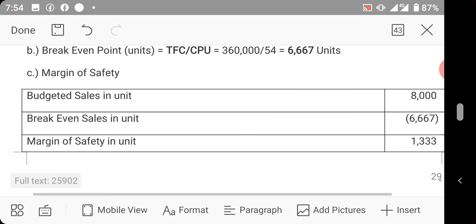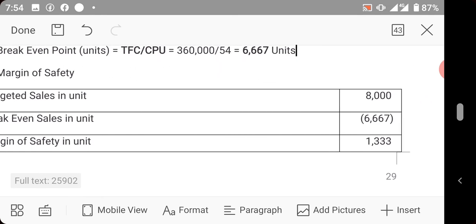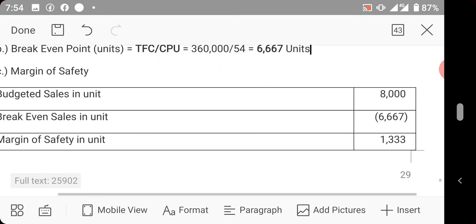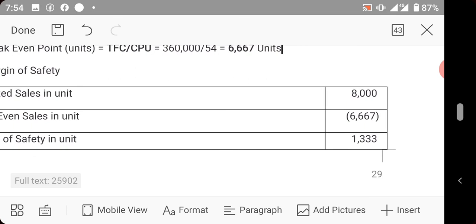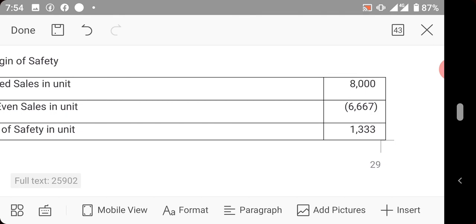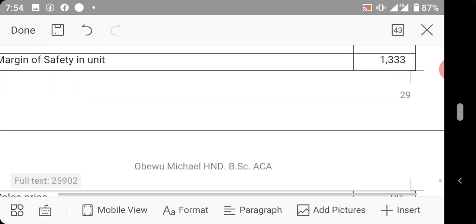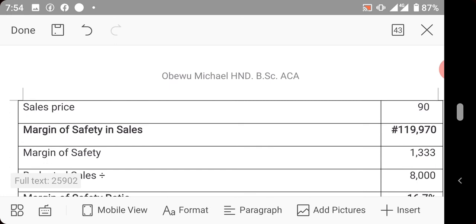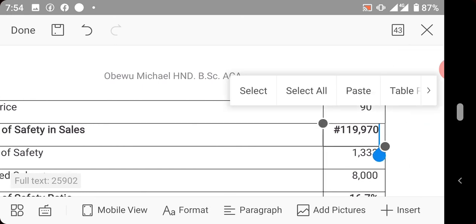So your margin of safety will now be budgeted sales, which is 8,000, minus break-even sales, which is 6,667, will give you margin of safety in units. To get your margin of safety in naira, you multiply by sales price of 80 naira. So you now have this. These are margin of safety in naira.